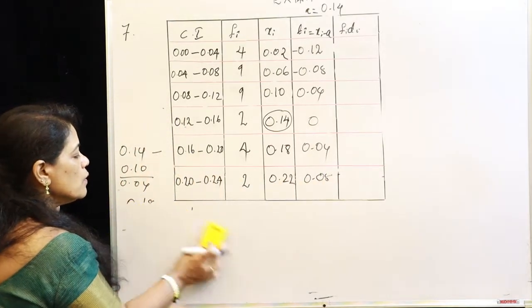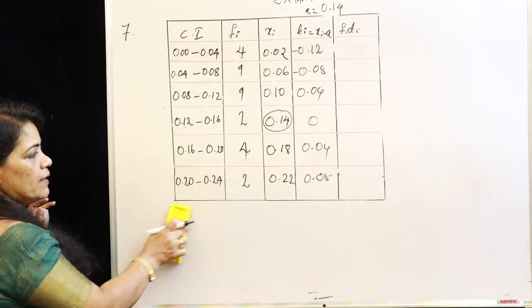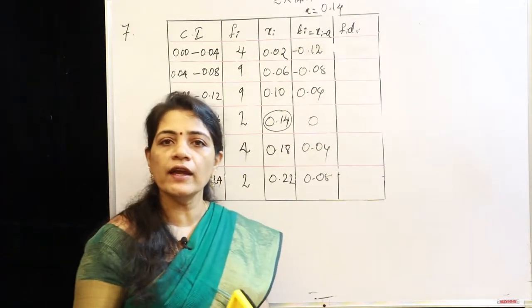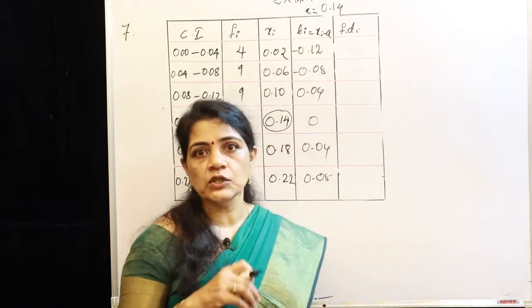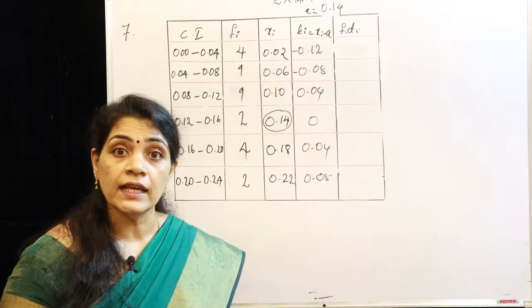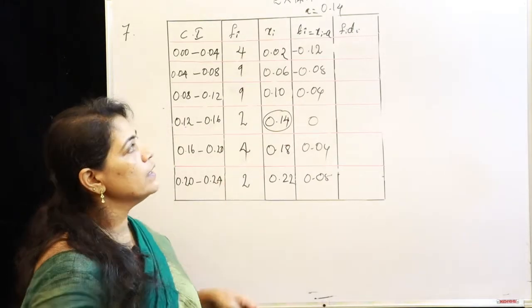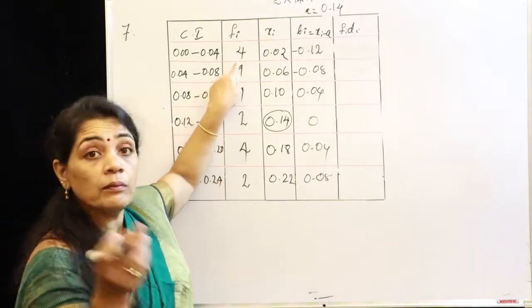After this, the next column is fi into dA, the product of frequency and its corresponding deviation dA. We already have the dA column, so we can now find the product.